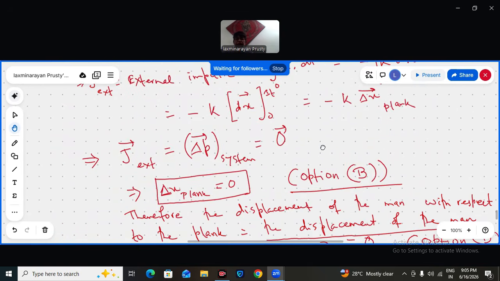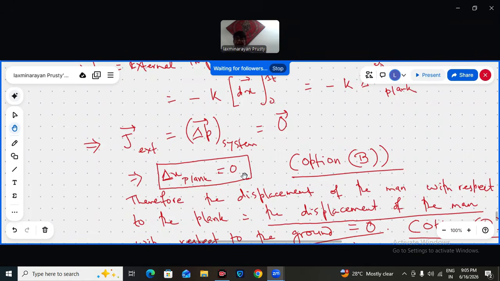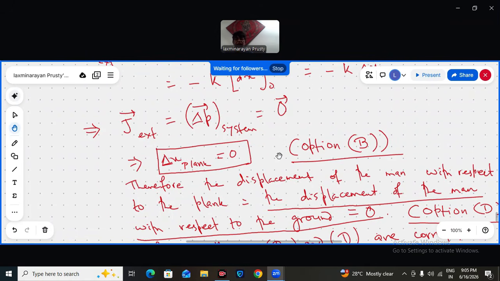If k is not 0, then delta x of the plank is definitely 0. So, a surprising result: at the end of the motion, we find there is no displacement of the plank.